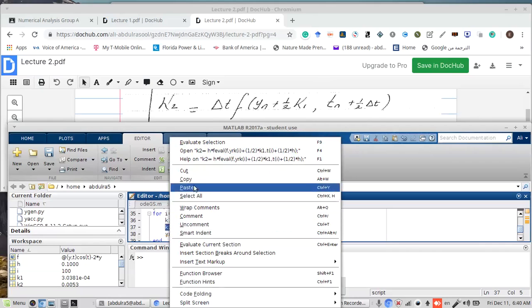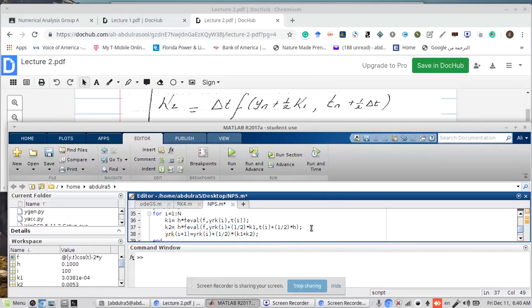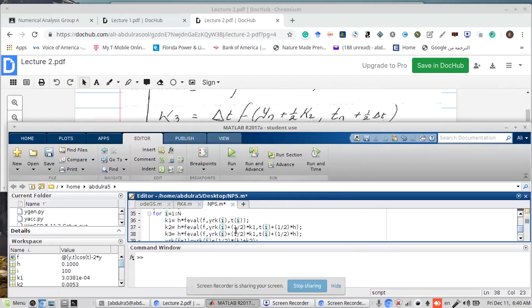K3 here is also the same thing as K2, so nothing to change.